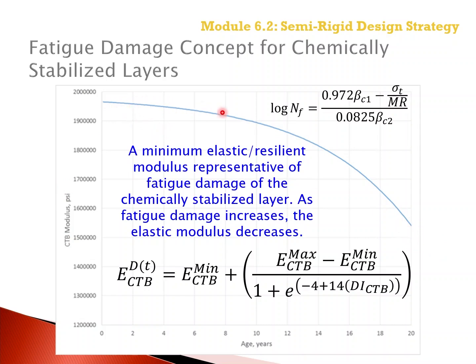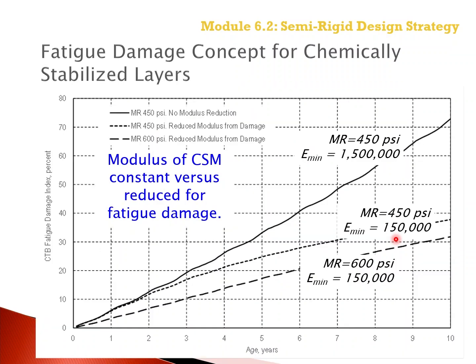And these values would then be used in the calculation of tensile stress with additional fatigue damage and additional traffic loads applied to the semi-rigid pavement. So to further explain this concept that is shown in this graph or illustration.